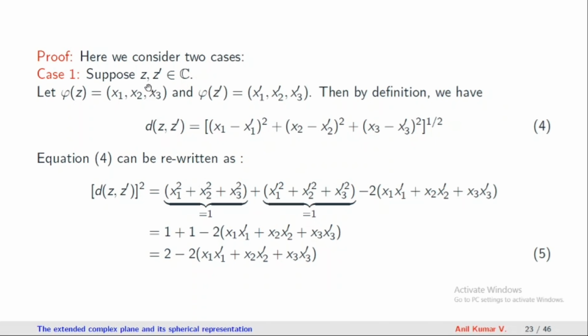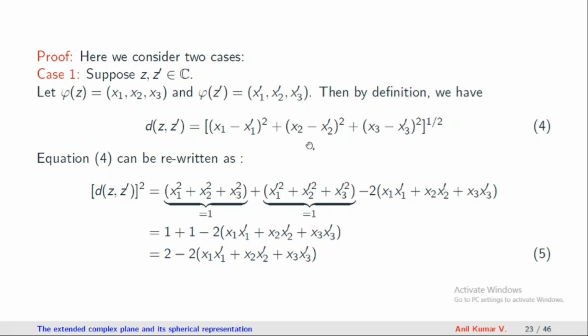Case 1: assume that z and z prime are points in C, and assume that psi of z is the spherical image corresponding to z and psi of z prime is the spherical image corresponding to z prime. So assume that psi of z is equal to (x1, x2, x3) and psi of z prime is equal to (x1 prime, x2 prime, x3 prime).